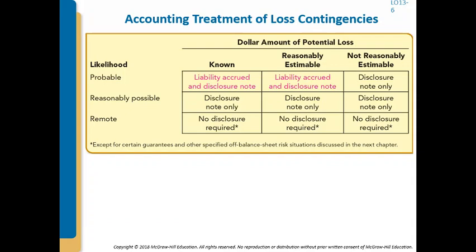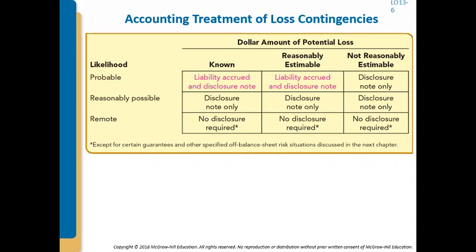If it's probable and still reasonably estimable, the amount of the loss contingency, that is, then it also has to be accrued in the financial statements and disclosed in a note to the financial statements. If it's probable but not reasonably estimable, then it simply is disclosed in the notes to the financial statements.